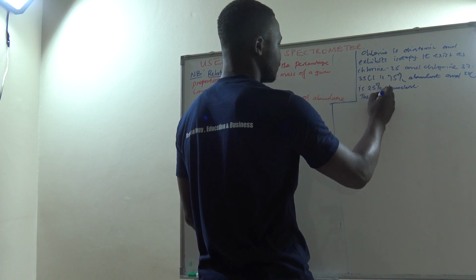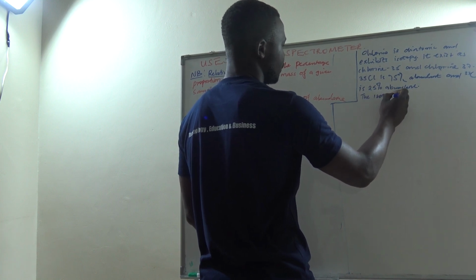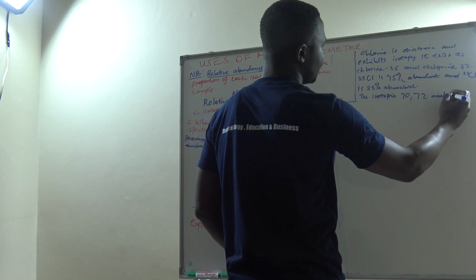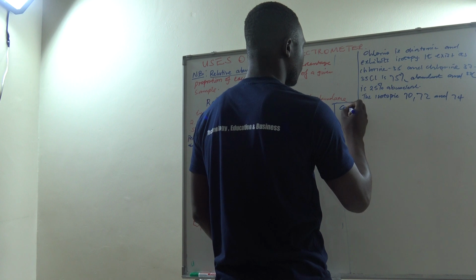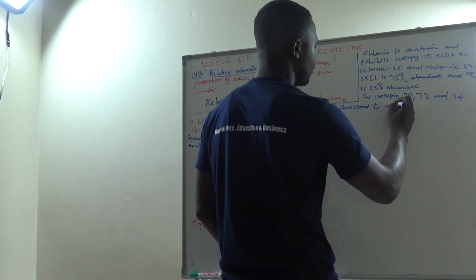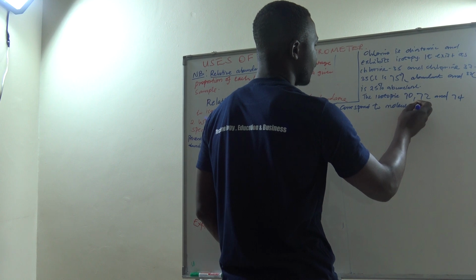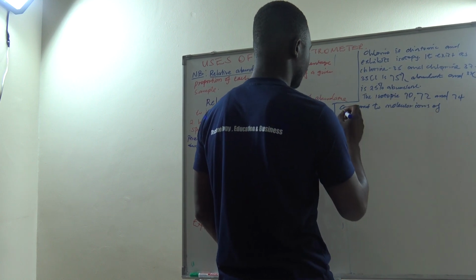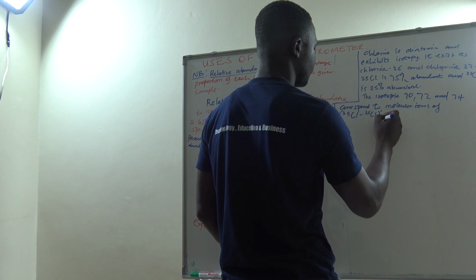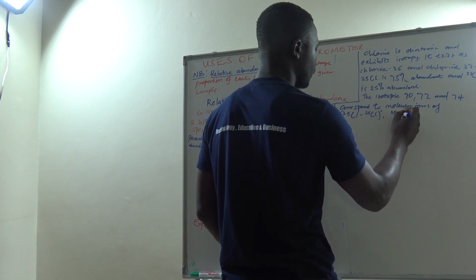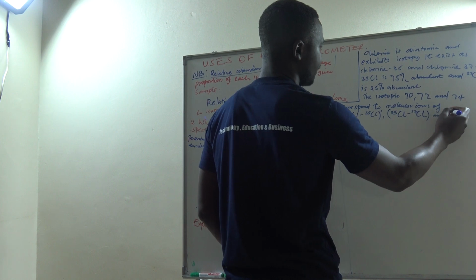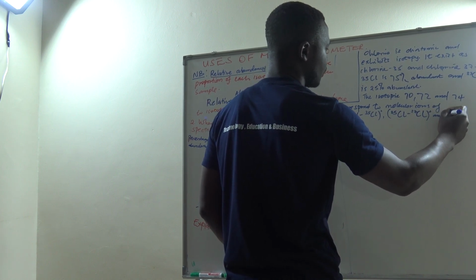The isotopic masses 70, 72, and 74 correspond to the molecular ions of chlorine 35, then chlorine 35 and chlorine 37, and then chlorine 37.